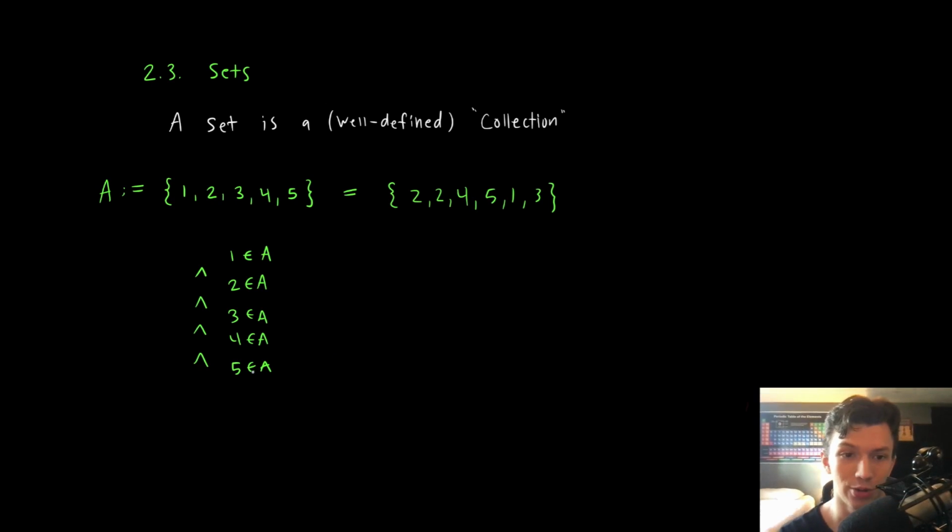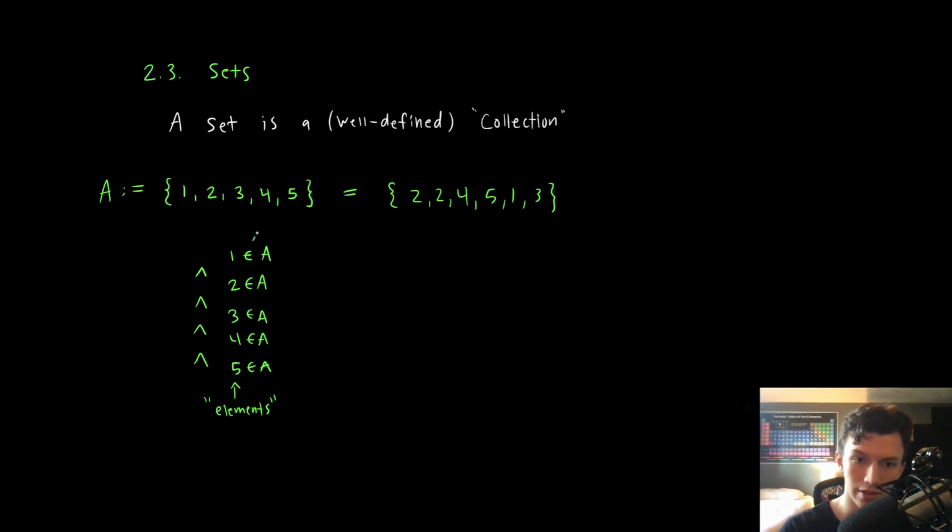An element is one of these members, something that's contained inside the set. So like you have a bag, in a sense, a collection of things, and you look inside that bag, and the objects inside there are the elements, okay? So these ones are elements. Okay.